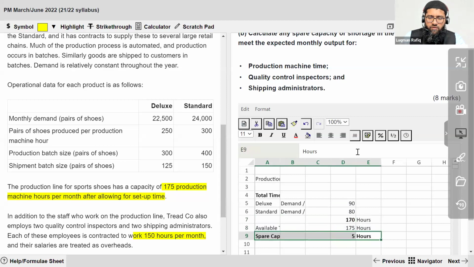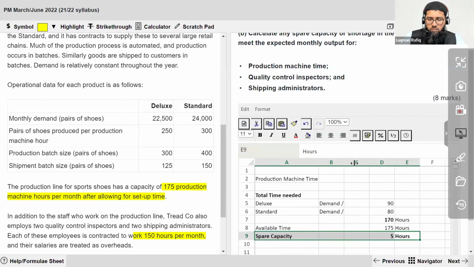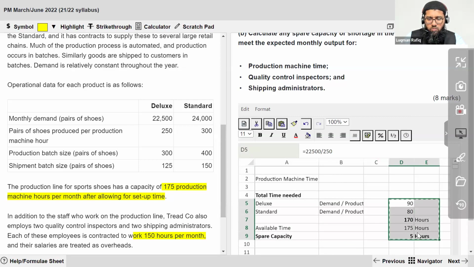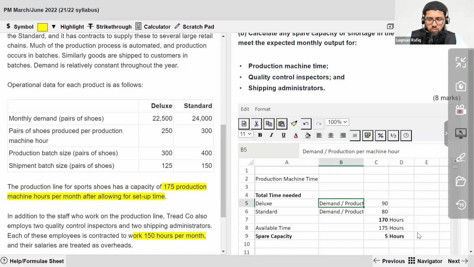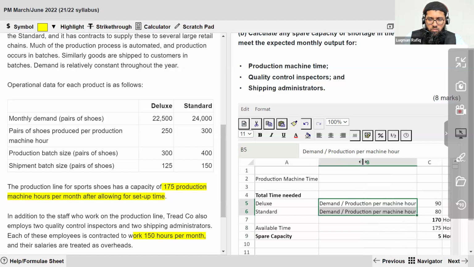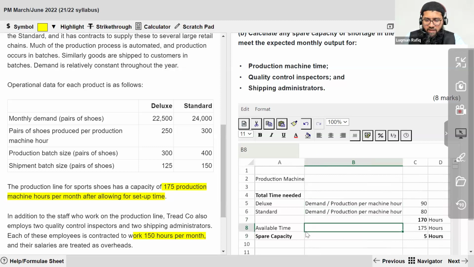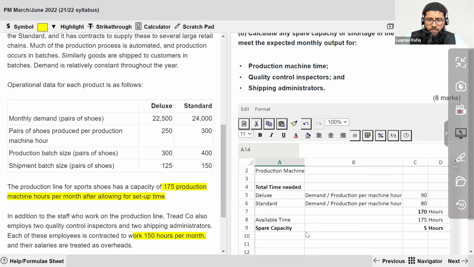So that's one answer, right? So we have a spare capacity here.